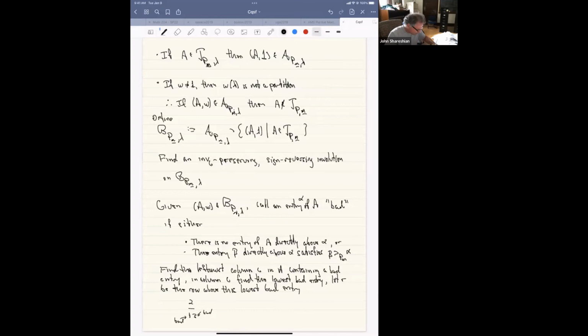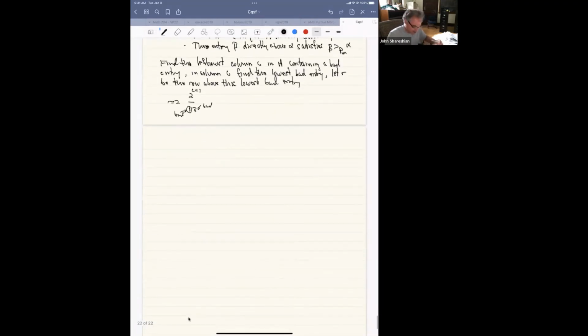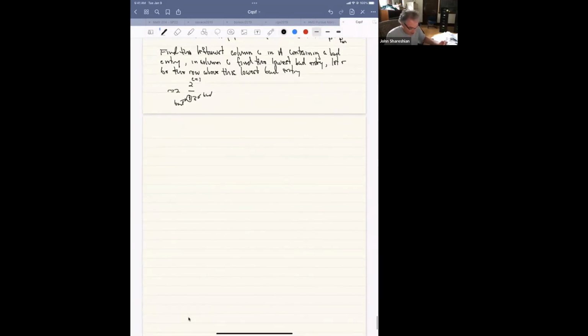This is leftmost, so this is the leftmost lowest bad entry. And so what we see is that R is 2 because the bad entry is in the third row, and C is 1. Okay, so we're picking a particular bad entry, the westmost, and then given westmost, also the southmost. And now there's a bunch of definitions.